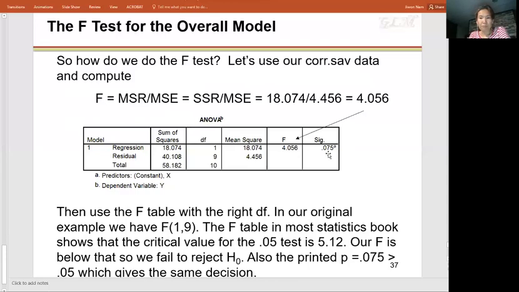Since this is larger than 0.05, we fail to reject the null hypothesis because this is larger than alpha. And if you find this F-test value in the F table, it also says fail to reject the null hypothesis.